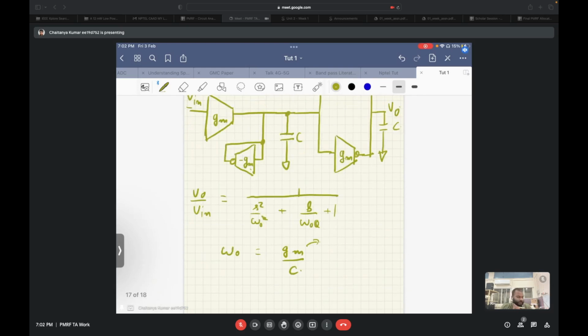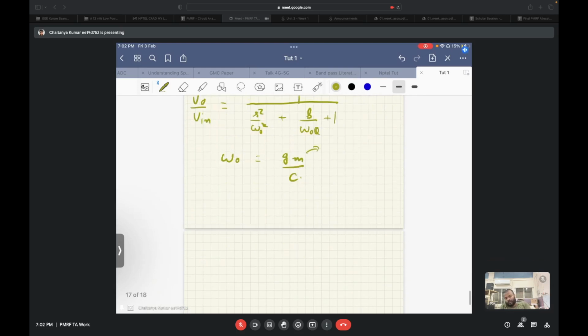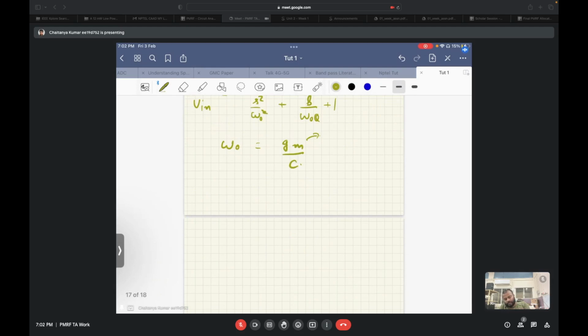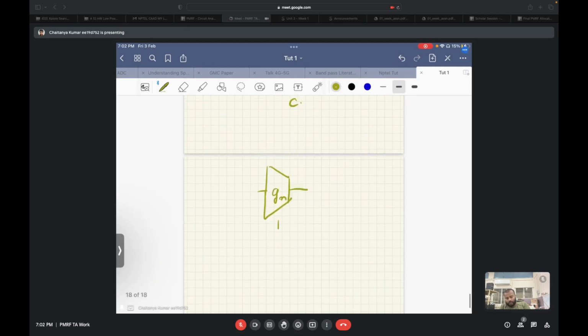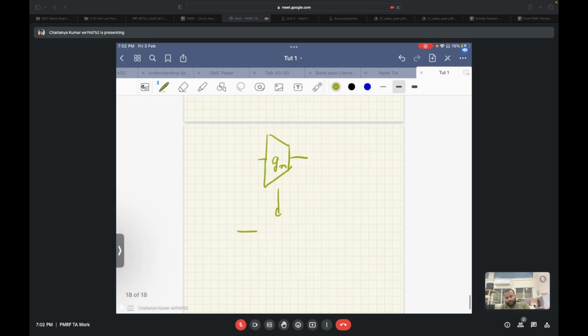So we will try to analyze it through inter-reciprocity. Now, as we told, this GM structure over here is nothing but a voltage controlled current source whose second terminal has been grounded.